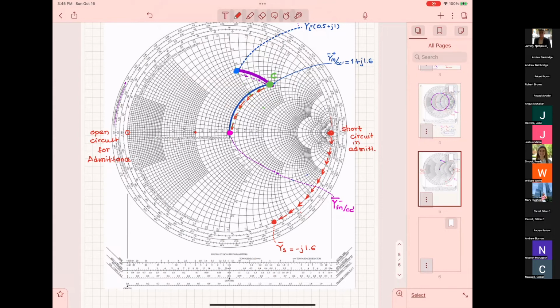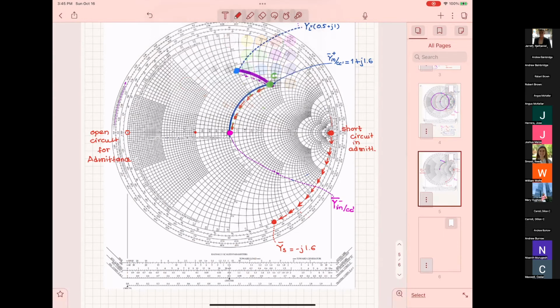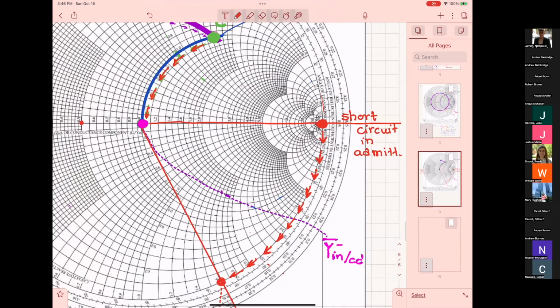Okay. Now, to find the length of the stub, I do two things. I write a line from the center of the chart to this point. And then I write another line. This is the point where the stub connects to the line. Practically, I write another line that goes through the end of the stub. Then I try to find what numbers I see.